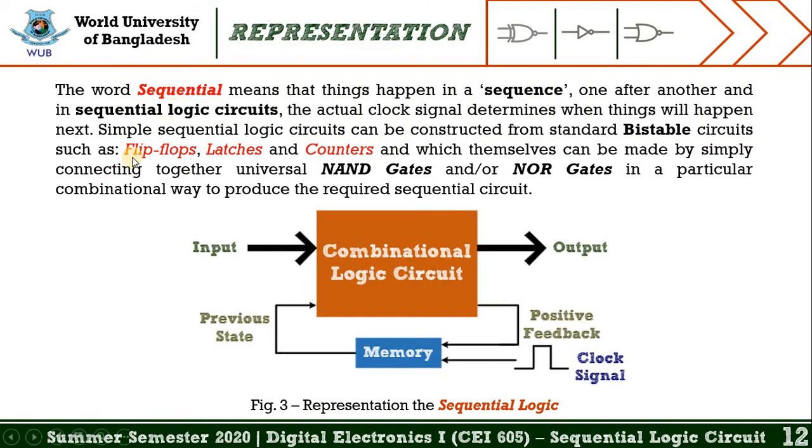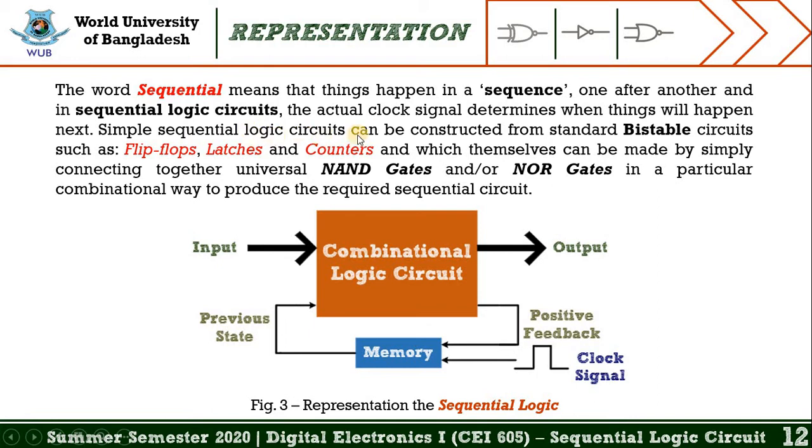Well, from this slide we may learn the representation of sequential logic. So let's start. The word sequential means that things happen in a sequence, one after another. And in sequential logic circuits, the actual clock signal determines when things will happen next.